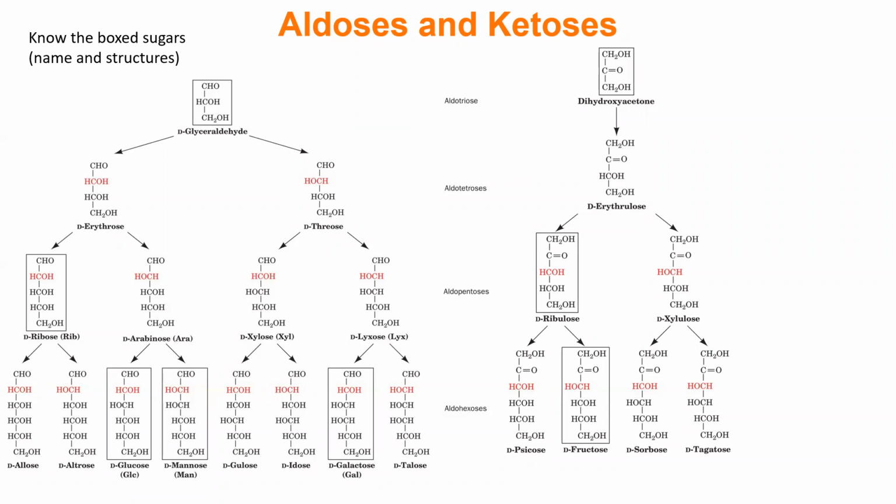And so on test 3, I'm definitely going to give you a structure and ask, what is the name of this sugar? Or I might give you a name and ask, what does the structure look like? But I'm only going to ask those for certain sugars, and the sugars are boxed.